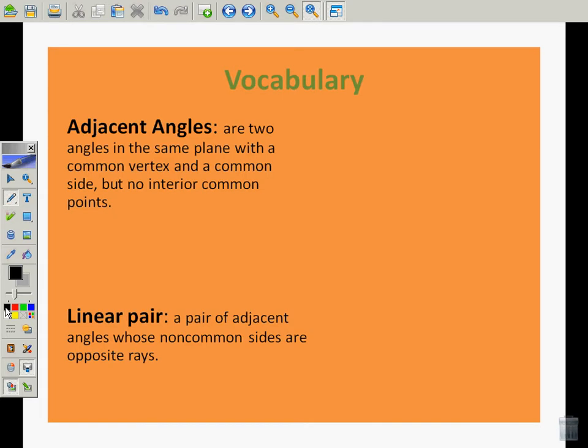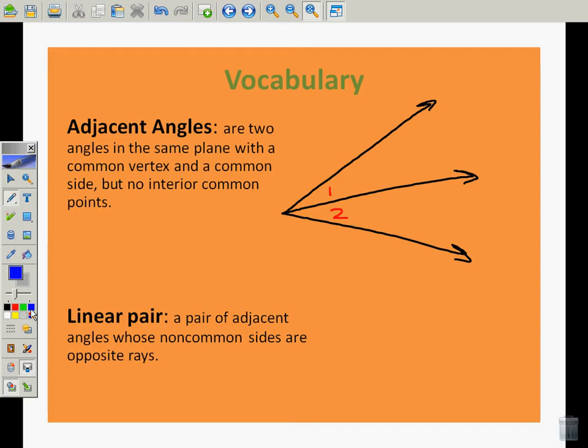Adjacent means they're in the same plane with a common vertex and a common side, but no common interior points. And so when I'm talking about adjacent angles, this isn't something that we haven't seen before because they look like this. And to make this abundantly clear, I'm going to put 1 and 2.